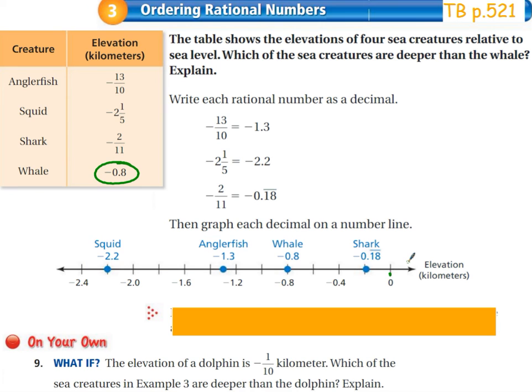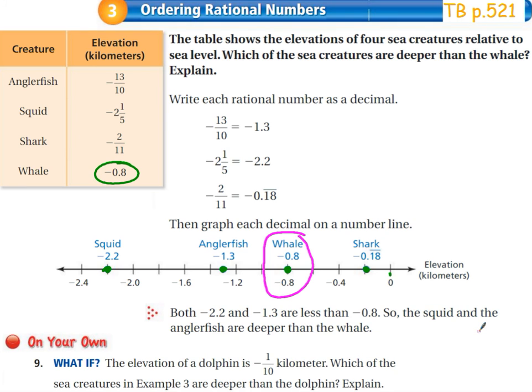And then we are just going to graph all 4 of our numbers. And what we're doing right now is comparing everything to the whale, because it wants to know which ones are deeper than the whale. Well, here's my whale. So this shows that both the squid and the anglerfish are deeper than the whale.